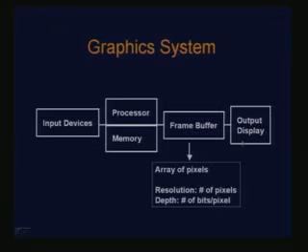Okay. Now, let us try to see the linkage which we want to establish between this frame buffer and the output display. And then later on we are going to look at the input devices, what kind of input devices one may use.